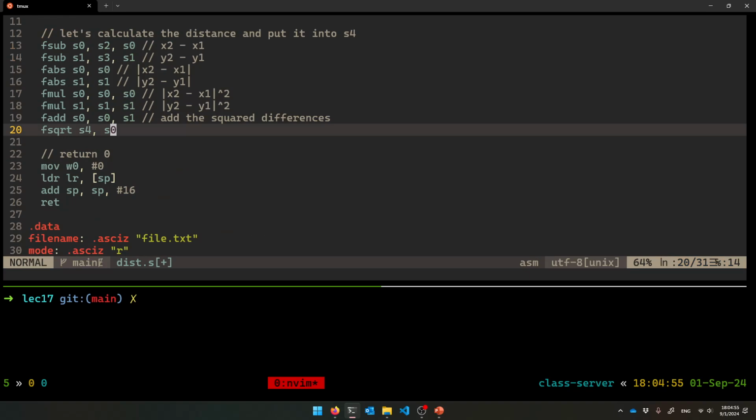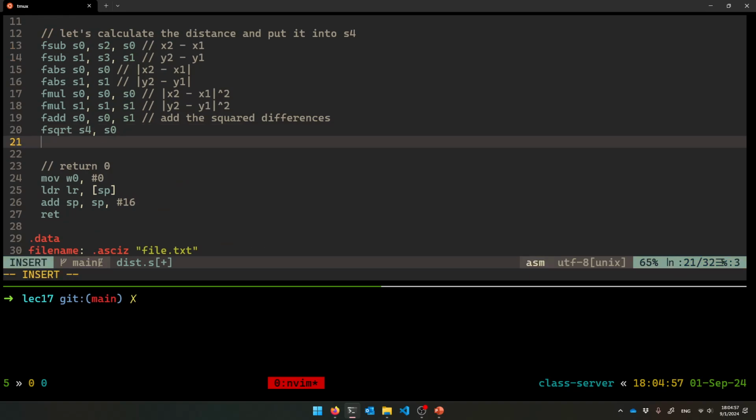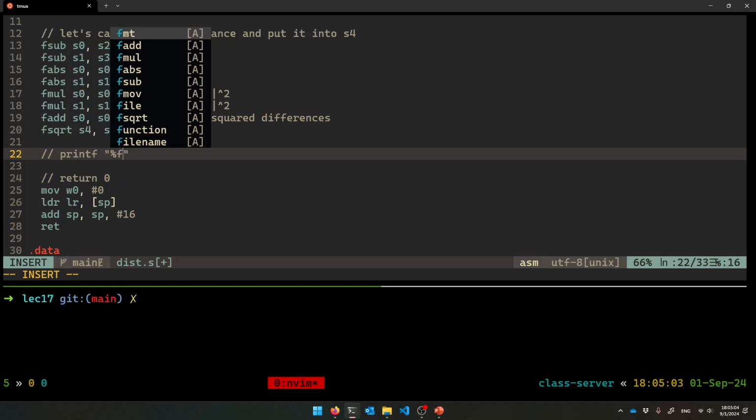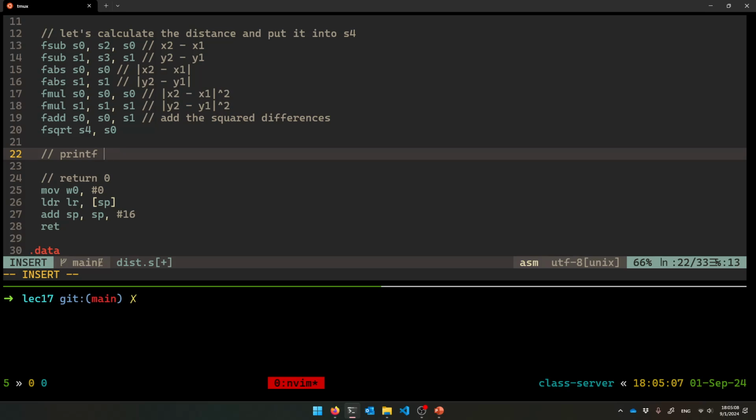And now, if I'd like to print out the answer, I'm going to call printf, and I'm going to use the %f, I think, as my little format string. And when you give that to printf, it expects the first floating point argument in a double register, in a D register.